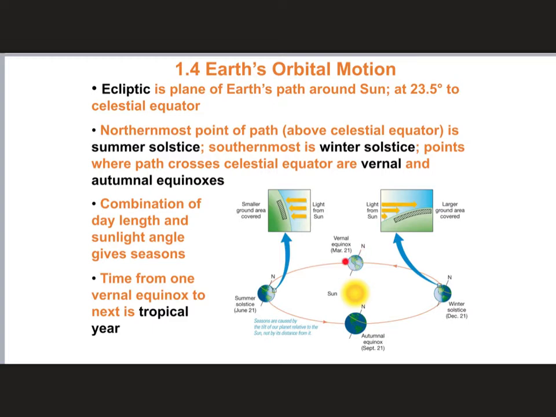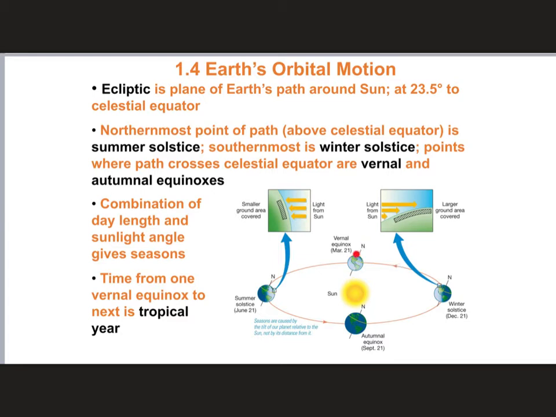Now, when you're at the vernal equinox, basically what that means is the amount of sunlight that the northern hemisphere gets is equal to the amount of sunlight that the southern hemisphere gets. And so basically the day and night are the same amount of time. And then once you cross the vernal equinox, the nights are actually longer than the days. You're actually getting less sunlight than you are during the day.